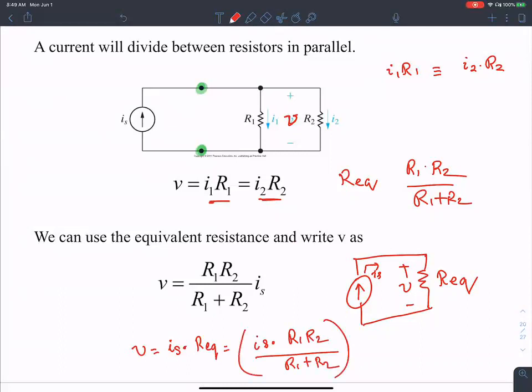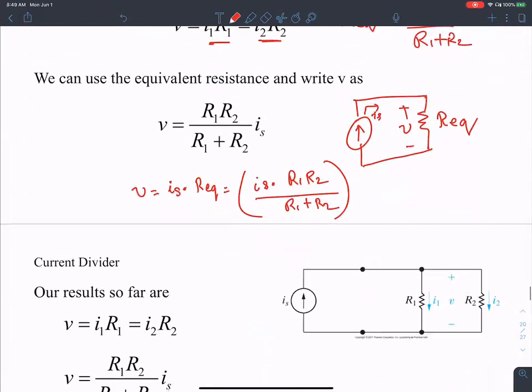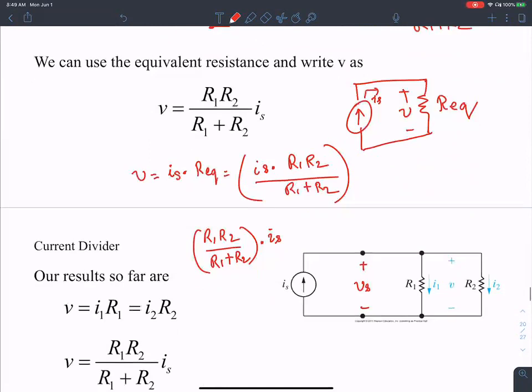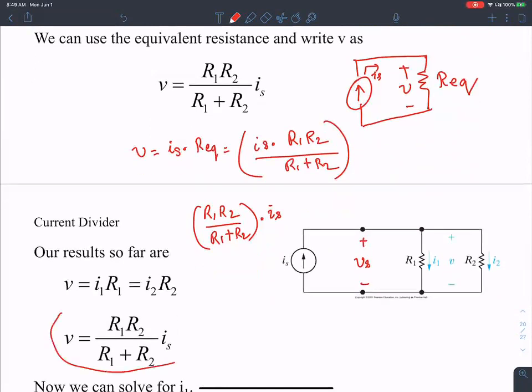That's the total voltage, which is the total equivalent resistance times Is. So that's exactly what I found here.